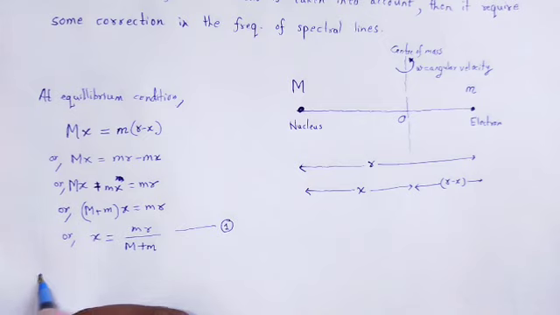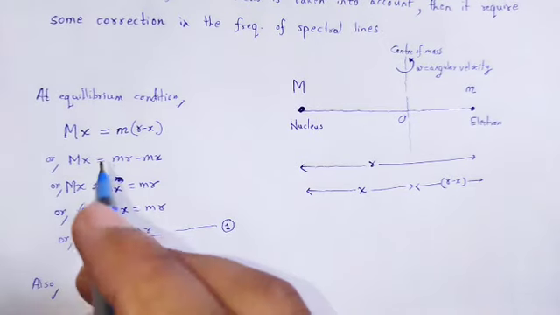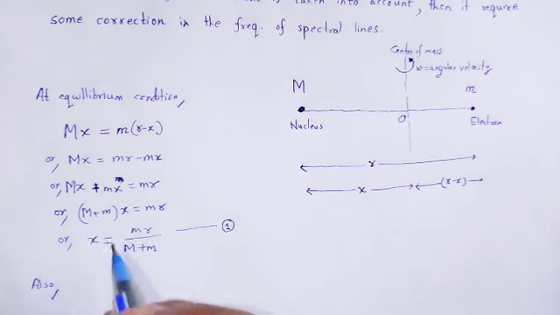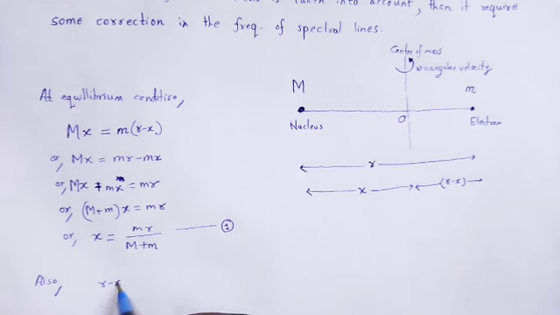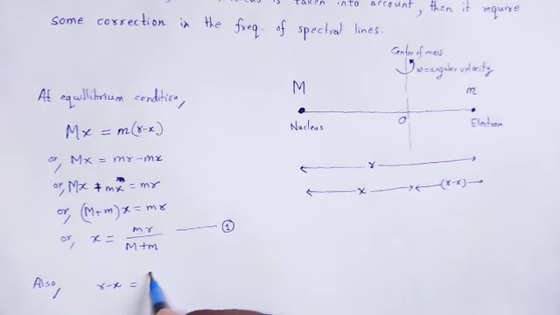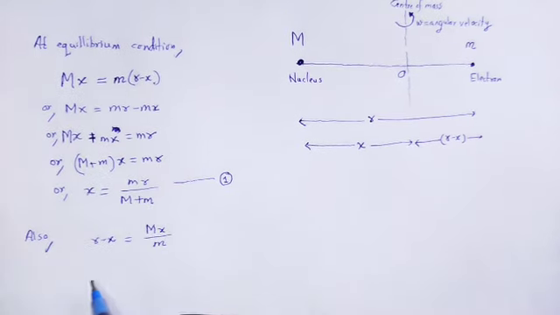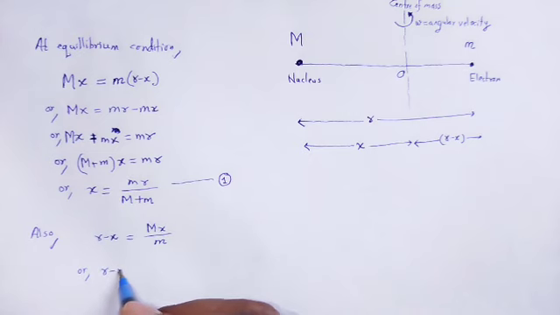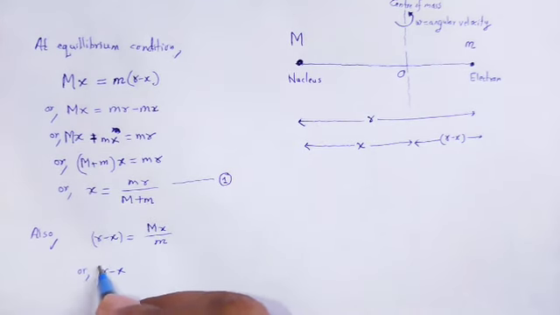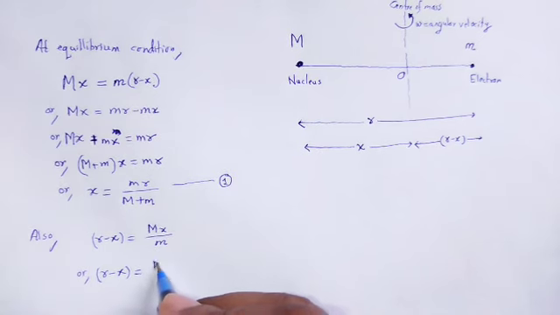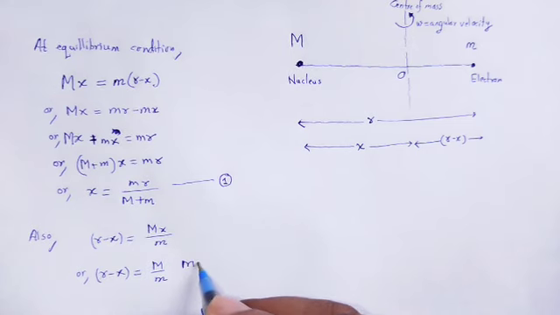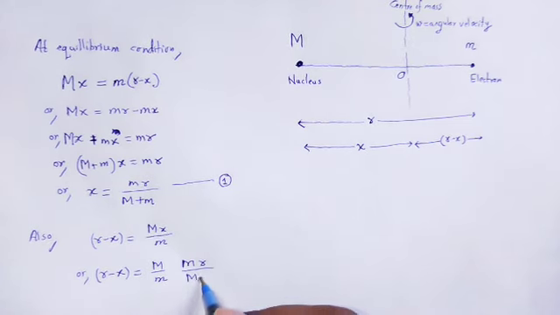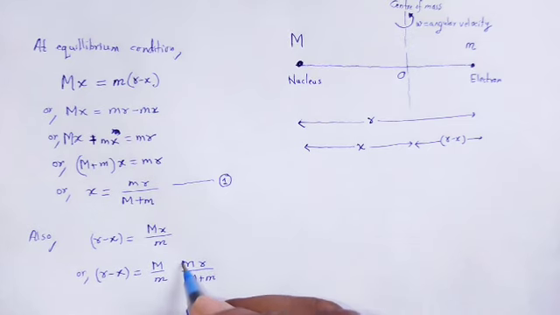Also, from that equation, r minus x is equal to Mx divided by m, or r minus x is equal to M by m, the value of x being small m into r divided by M plus m.